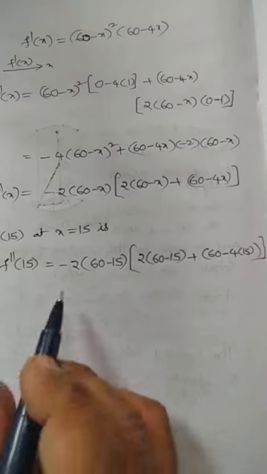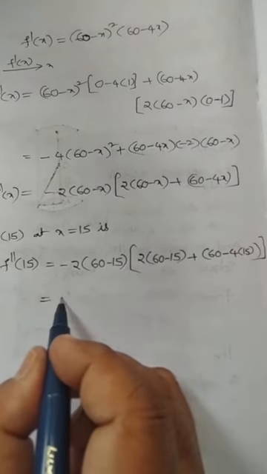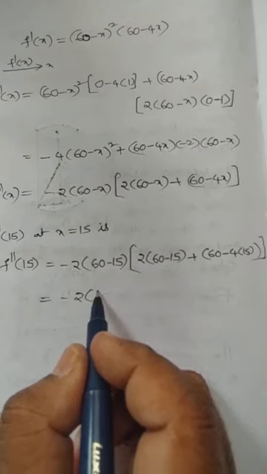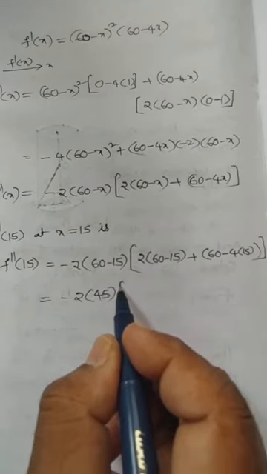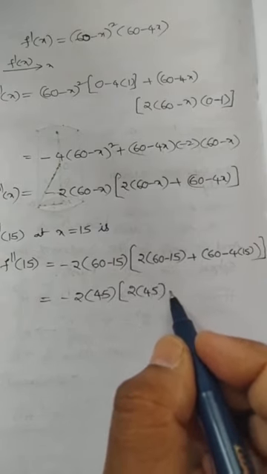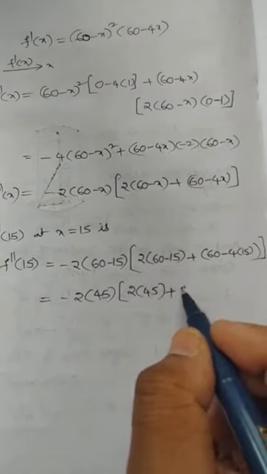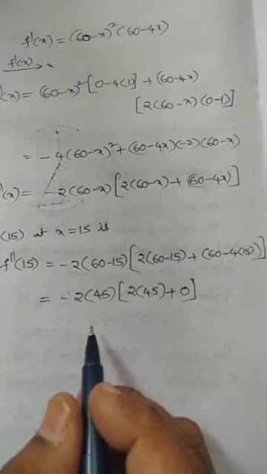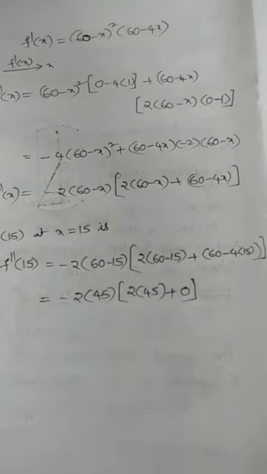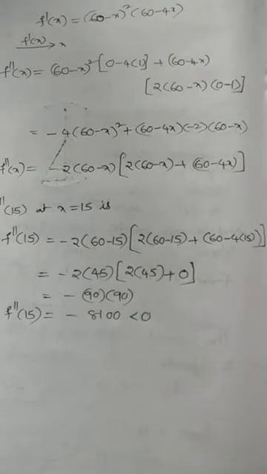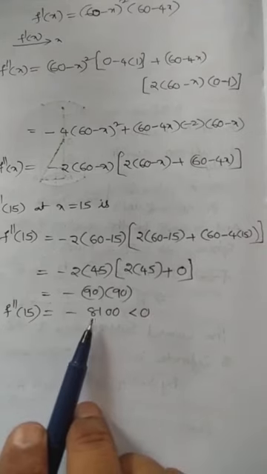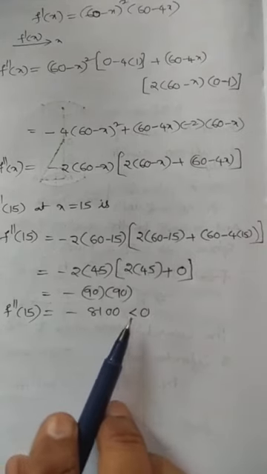So now what you are getting here: minus 2 into 45, that is 2 into 45, plus 60 minus 60 is 0. So here 90 into 90 you got. Now what value did we get? f double dash of 15 is equal to minus 8100, which is less than 0.